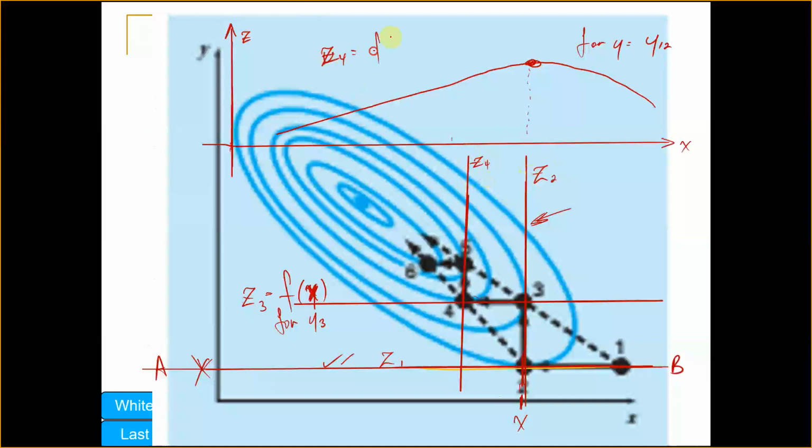Z4 is going to be a function of y, because for this function here, it is y that is changing as you go along the line. And it's for x4, right? That means the fourth set of iterations for x4. Alright? Okay, Judan?